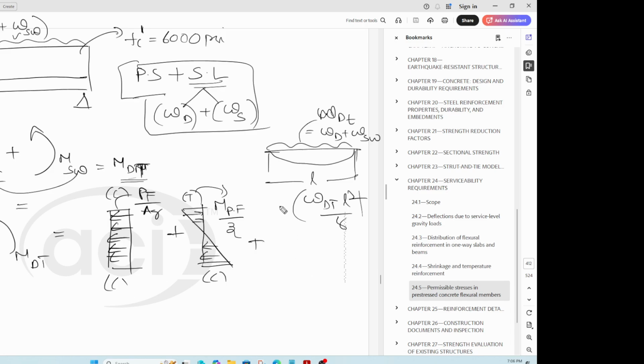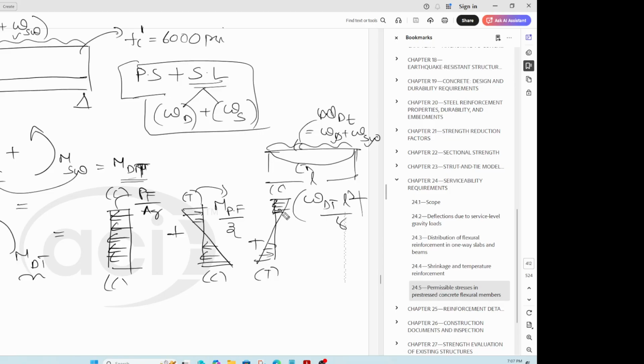Then to that you add the moment caused because of your dead load, obviously, because the total dead load, which is the dead load and the self weight, is going to cause tension at the bottom and compression on the top. So it will be a diagram with compression on the top and tension on the bottom.